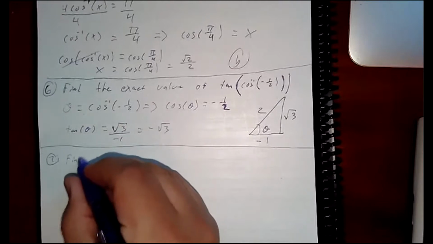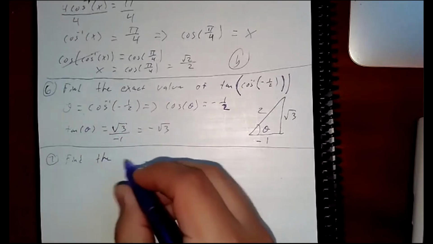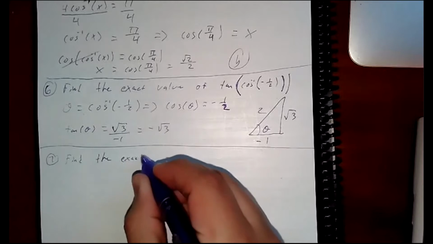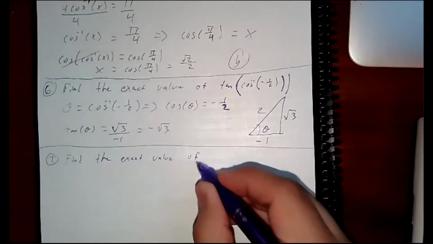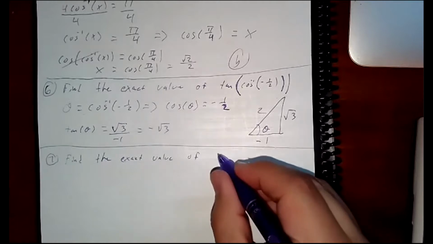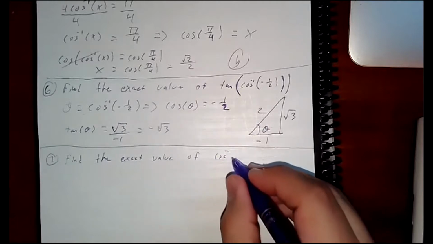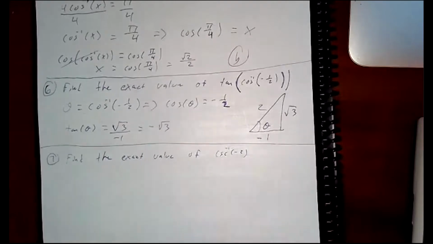Same question. Different problem. Find the exact value of cosecant inverse of -2.